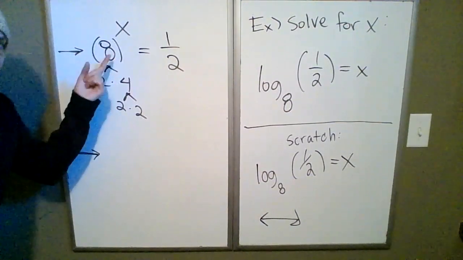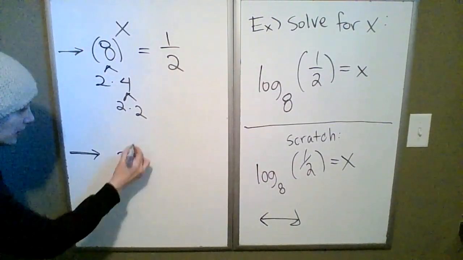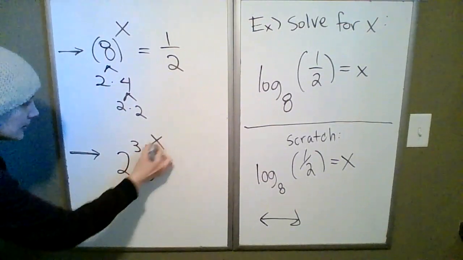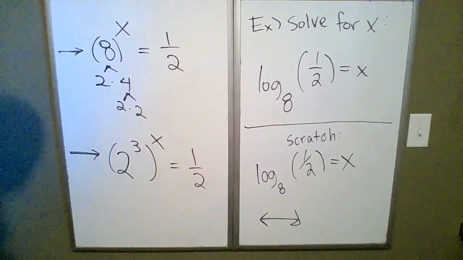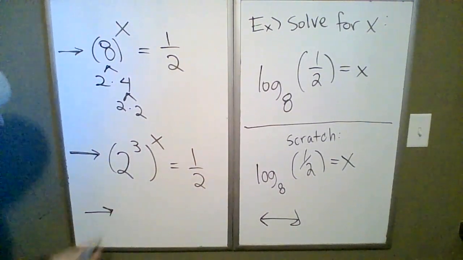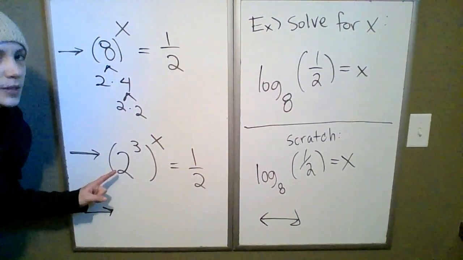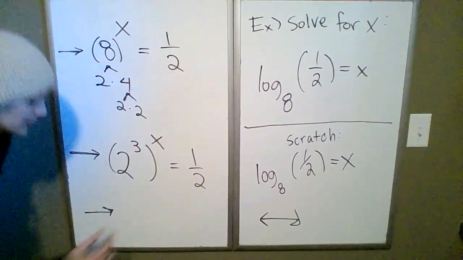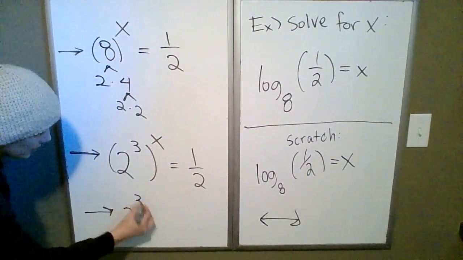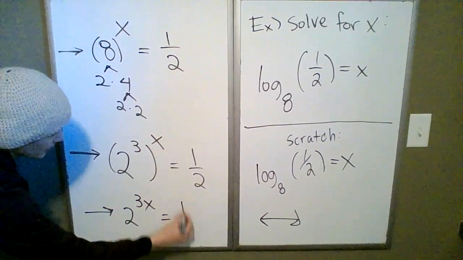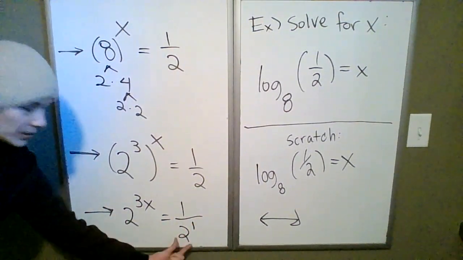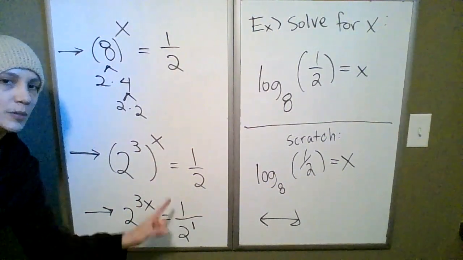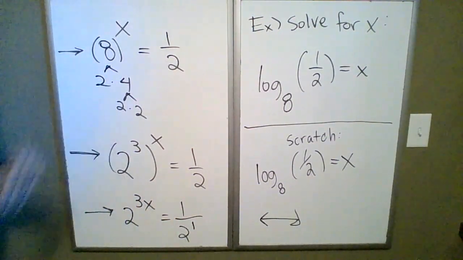So 2 cubed would be 8, and then it has a power of x. And this would be 2 with the power of 3x equal to 1/2, or 1/2 to the first. And then we'll bring this 2 to the first up into the numerator. It's 2 to the negative 1 power.